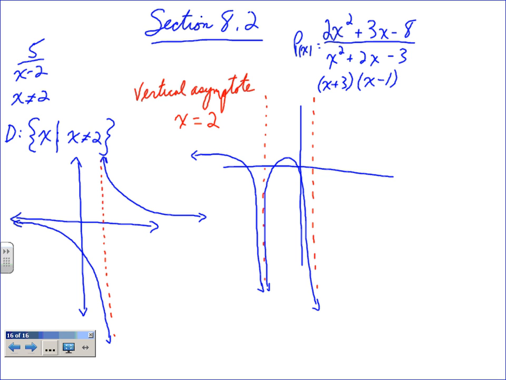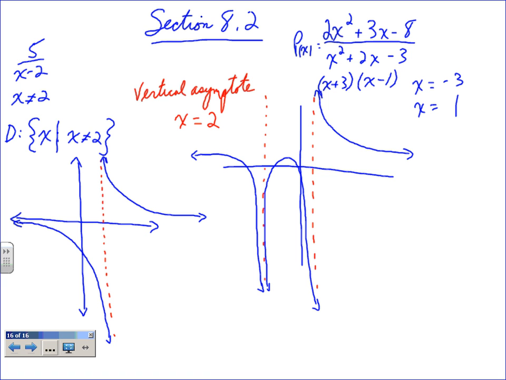And maybe over on the right side, it might look like that. So we can say our vertical asymptotes here are at x equals -3 and x equals 1. And those are the two vertical asymptotes.